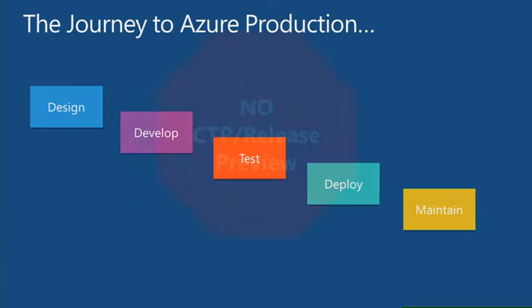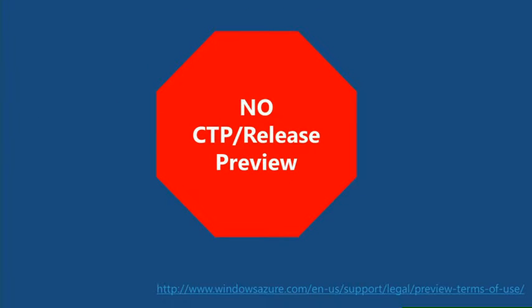That's good. So this is why I'm not going to talk about a lot of stuff that we announced. Everything we announced was release preview. There's a lot of great technologies in Azure. Most of it right now is still CTP or considered release preview.